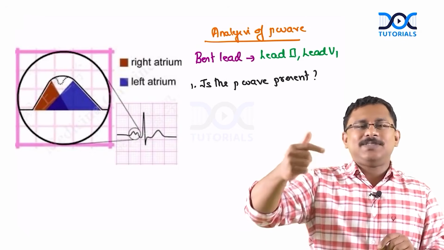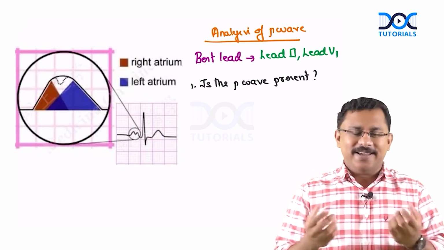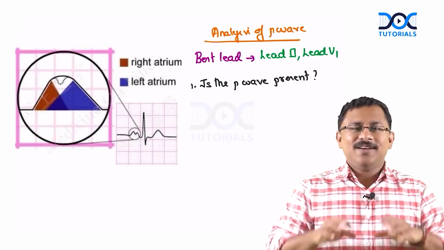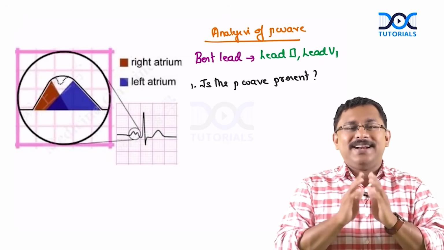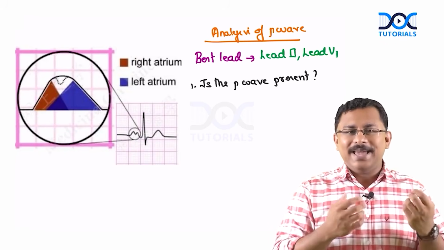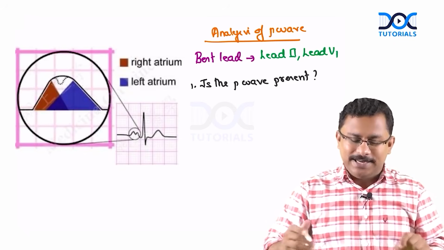But what if the pacemaker is, say, the ventricles? You might not be able to see the P waves. Also, in conditions like atrial fibrillation, where you have fibrillary waves and a definite P wave might not be demonstrable, the P wave may be absent. So the first question in the analysis of P wave: is the P wave present?